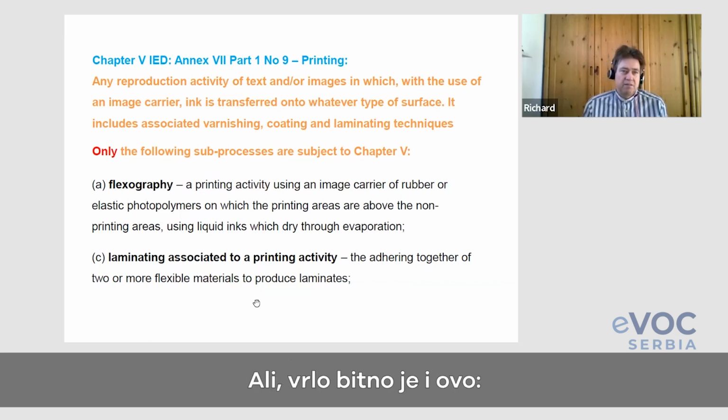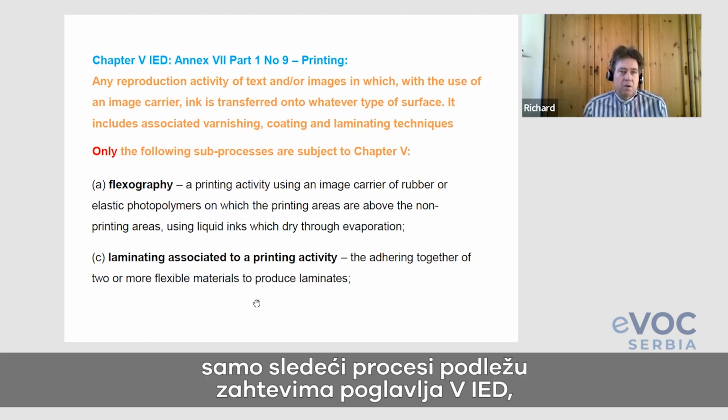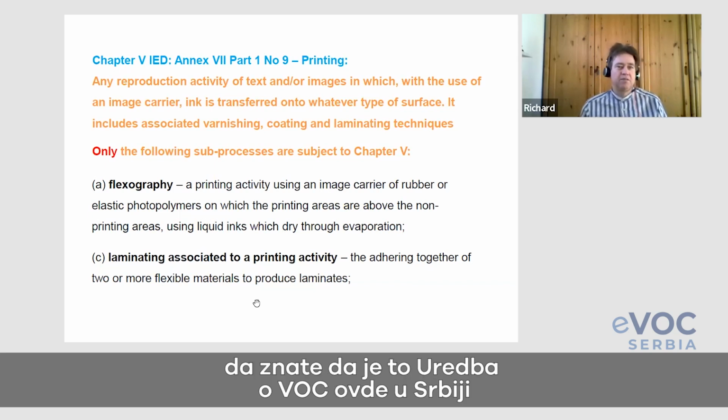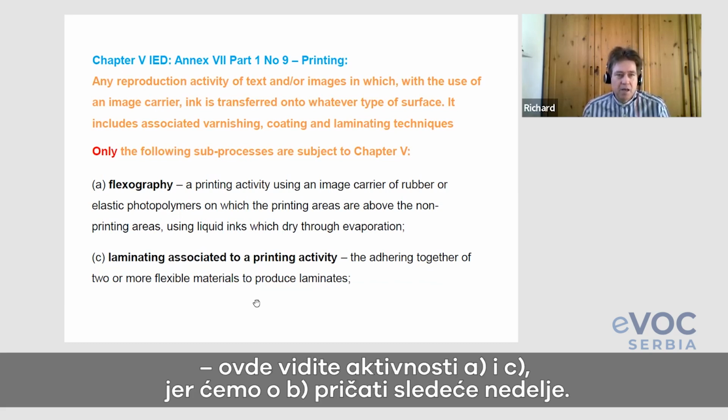But now that's very important again. Only the following sub-processes are subject to this chapter 5, or the VOC degree. So if I say chapter 5, don't worry, it is the VOC degree in Serbia. So you see here A and C, because B we will speak about next week.